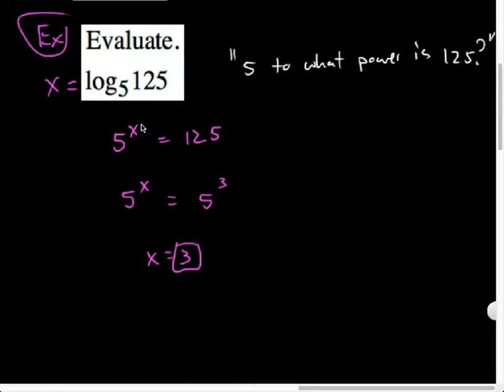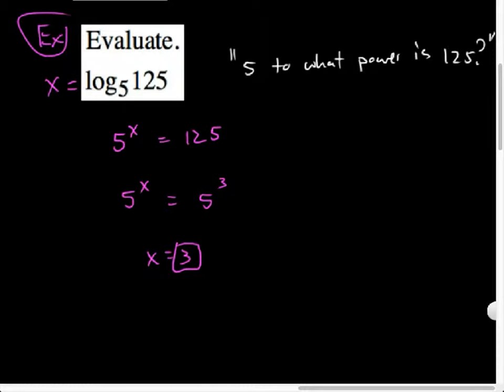However, there will come a point when we have to solve these where it doesn't happen to be a nice power, like if this was 124, for instance. That's where we'll be able to use calculators or logarithmic tables to answer that sort of question.